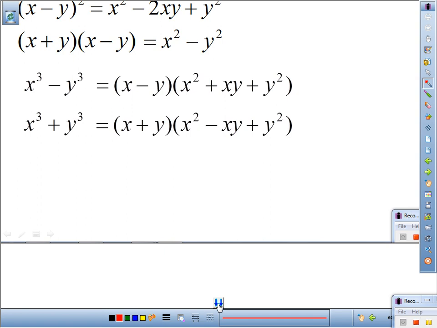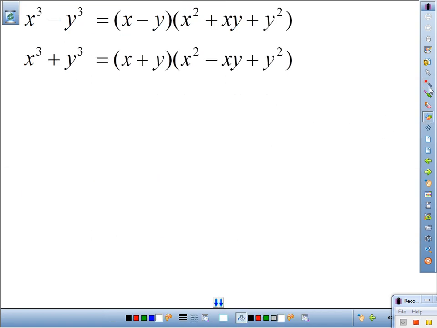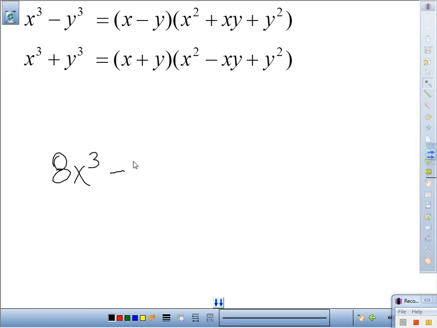Well, because tonight's homework is going to have a couple that look like this. 8x cubed minus 27. You're saying that kind of looks like these, Mr. Q, but not really. Well, how can I rewrite this to make it look like that?